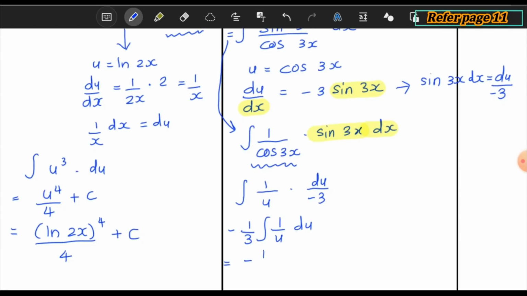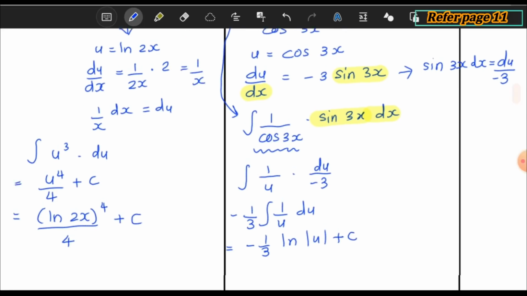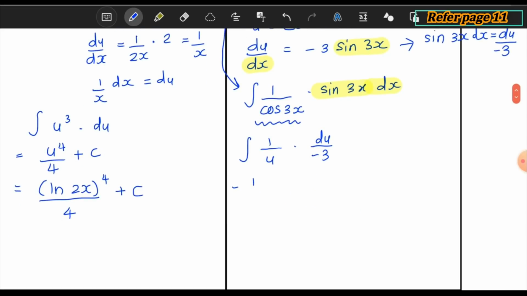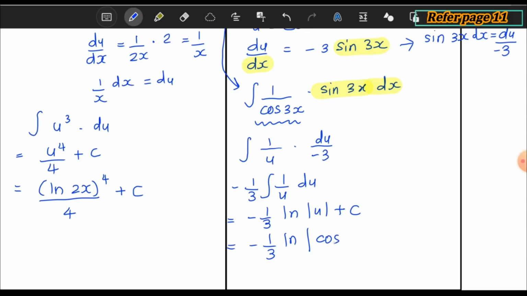The answer is negative 1 over 3 ln u plus c. The final step is negative 1 over 3 ln, okay, we change u to x. So what is u? u is cos 3x. Then plus c.